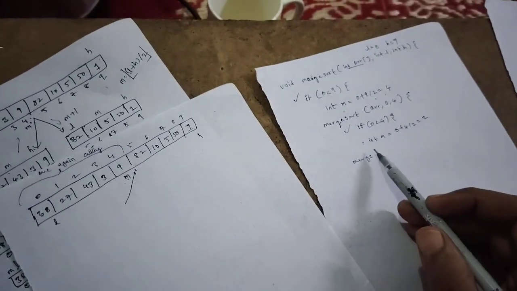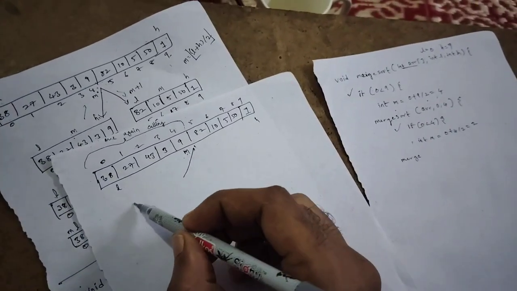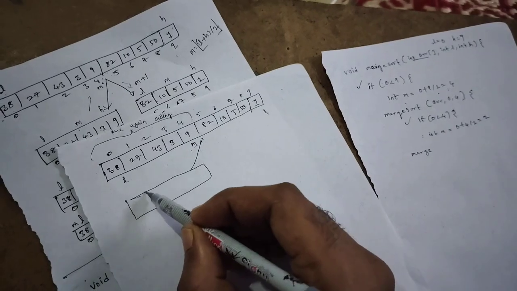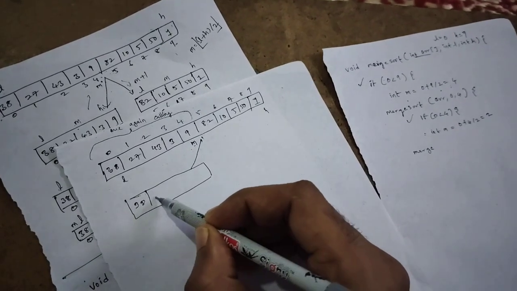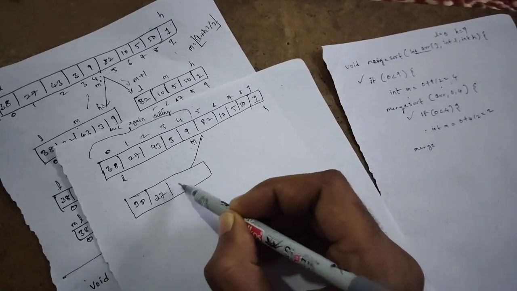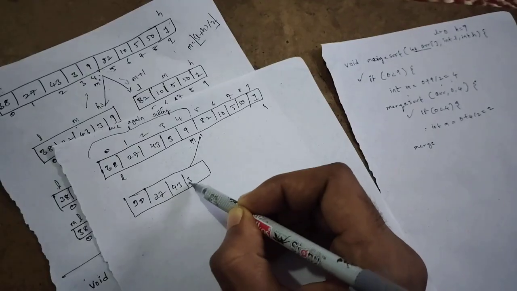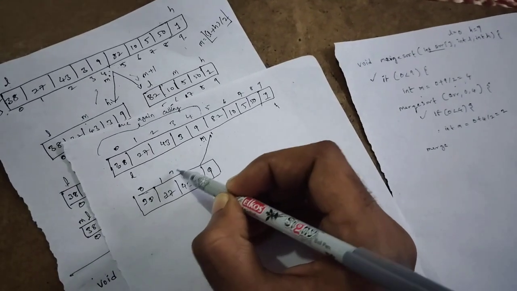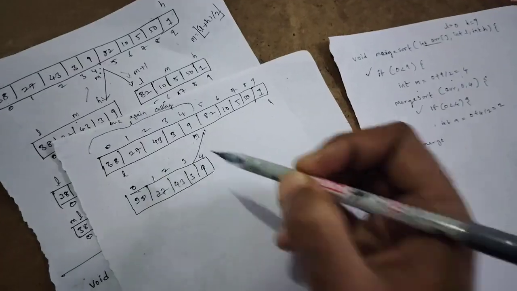That already happened: 38, 27, 43, 3, 9 with indexes 0, 1, 2, 3, 4.